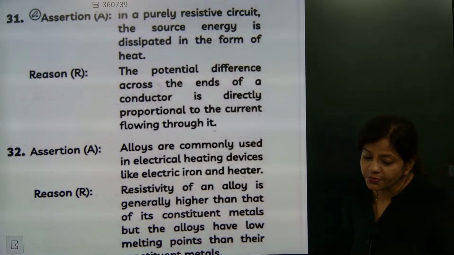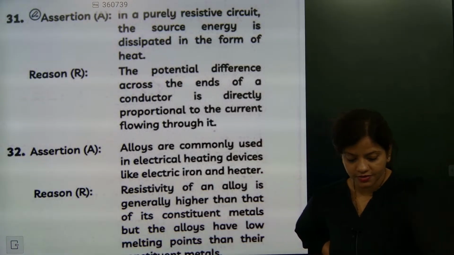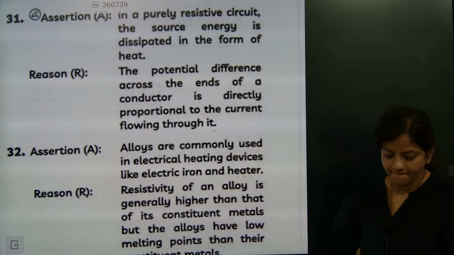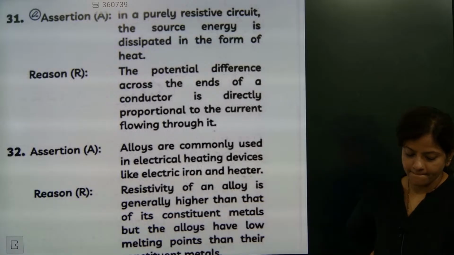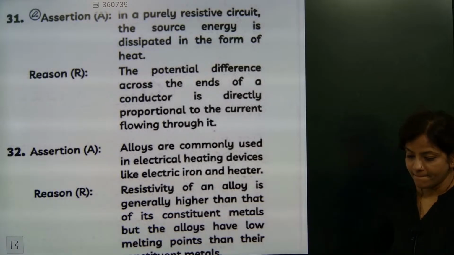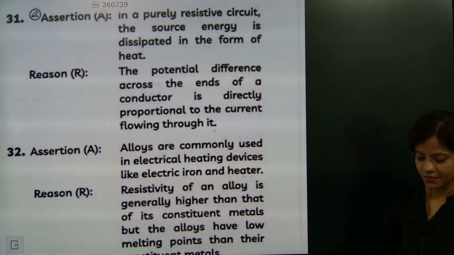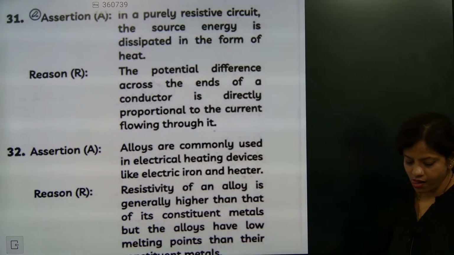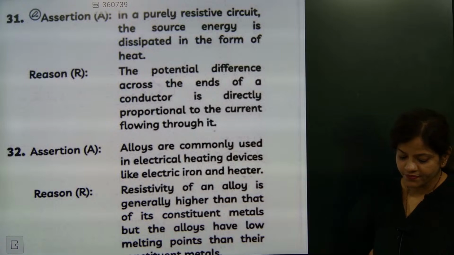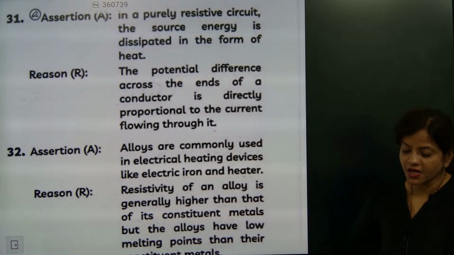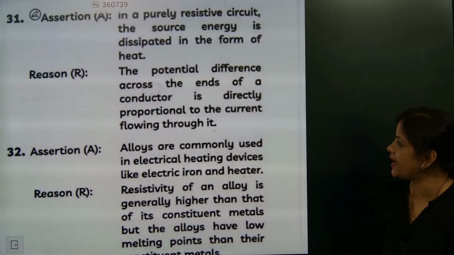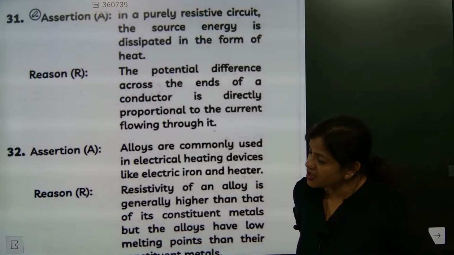So it will be dissipated in the form of heat. So the first part answer is what, beta? The first part answer is B. Absolutely correct. The answer to 31 is B.